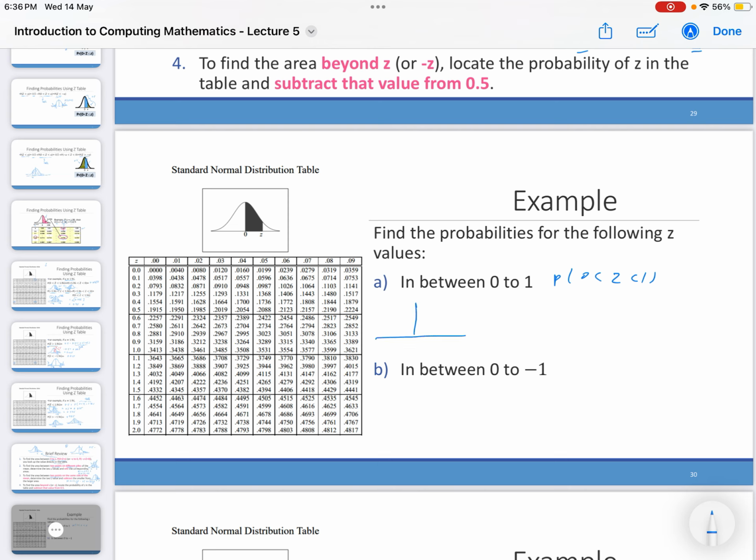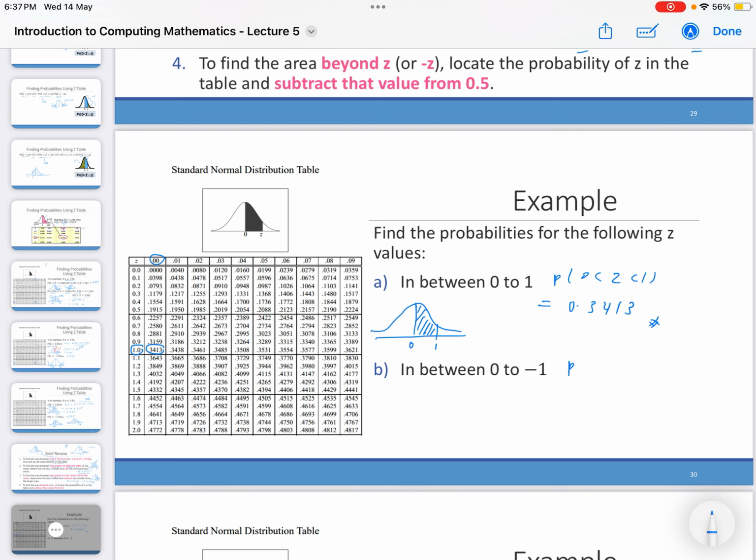So we draw the bell curve. So we have 0 and then we have 1. So we want this probability. So basically this one just look directly from the table 1.00. So this one is 1.0 and then this one is 1.00. So the probability here equals to 0.3413.